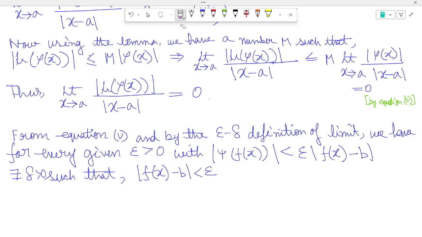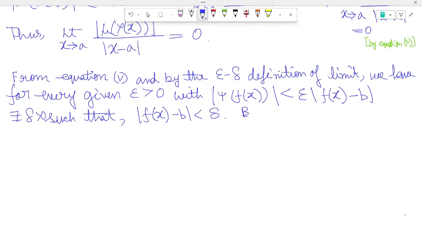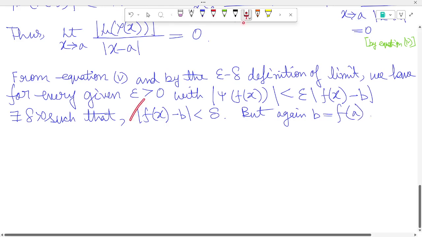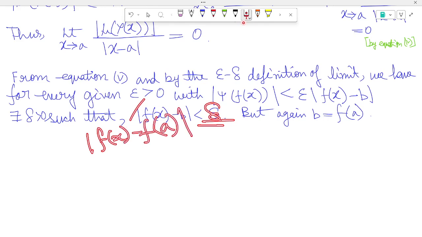Oh, sorry. That will be delta. But again, b equal to f(a), we assume, remember. So what are we finally getting? Lambda is given, and we are getting |f(x) minus f(a)| less than lambda.